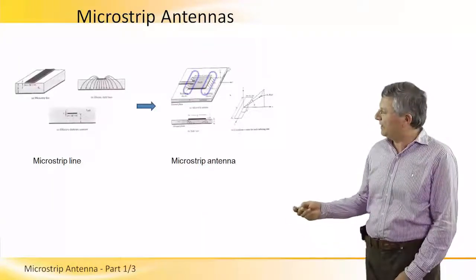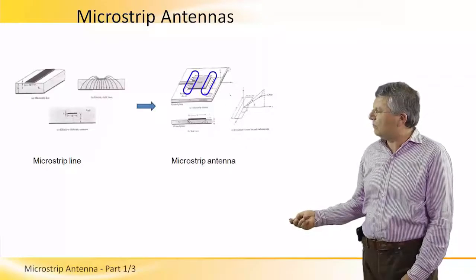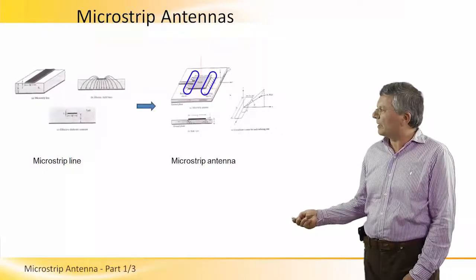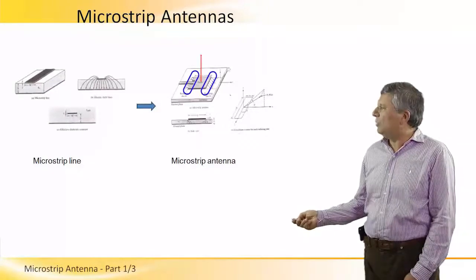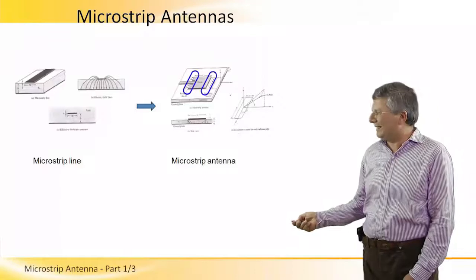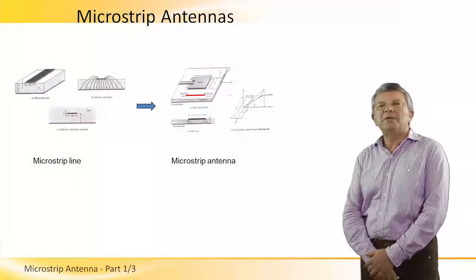In order to obtain that the two radiating slots combine in phase on an axis normal to the antenna, the distance between those two radiating slots has to be lambda over 2.